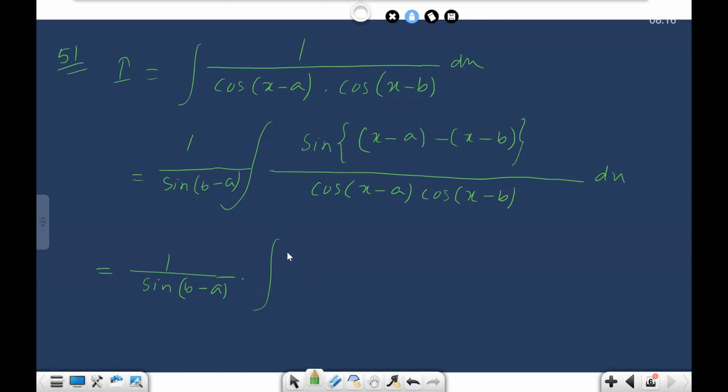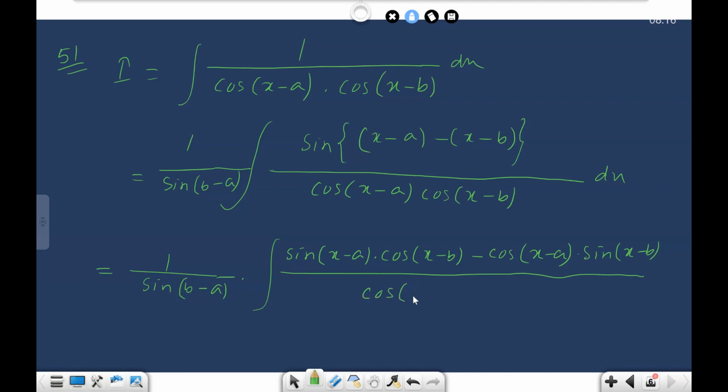The formula for sine a minus b is sine of x minus a into cos of x minus b, then minus cos of x minus a into sine of x minus b, and the denominator is remaining exactly the same, that is cos of x minus a into cos of x minus b, and dx is here.